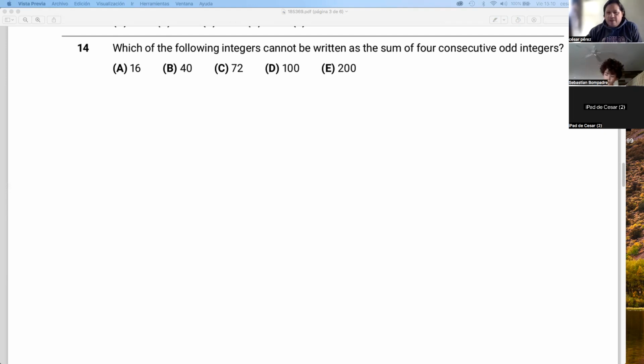Okay. So, finding the types of numbers that are the sums of 4 consecutive odd integers. Okay. Yes.